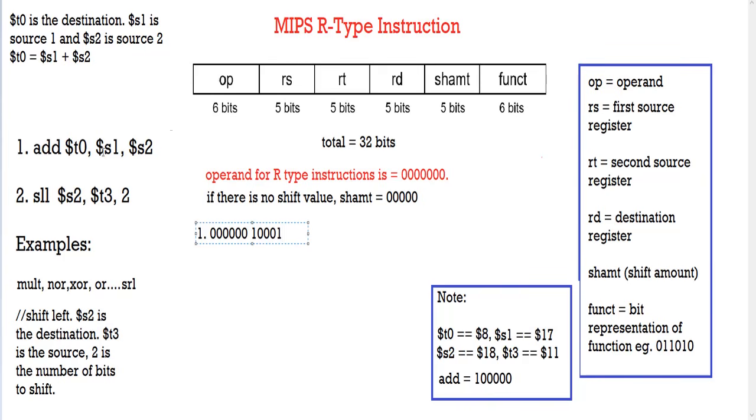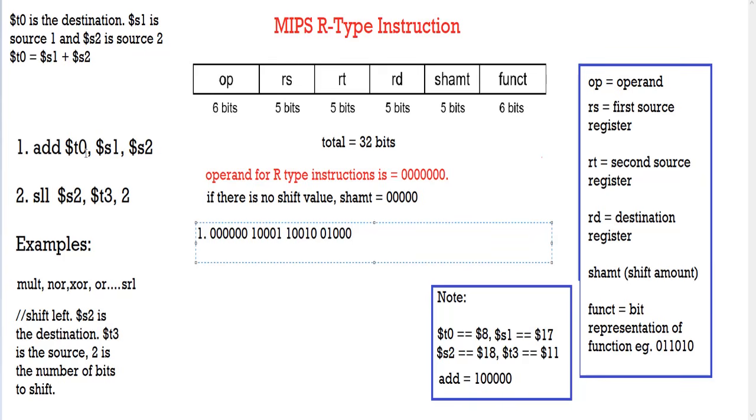Next we have the second source register, which is S2. Now S2 is 18, so that's going to be 1 0 0 1 0. Now this needs to be done in a single line. There, that's better. Then we have our destination register. For the first instruction, that's T0, which is basically register 8, so 0 1 0 0 0.